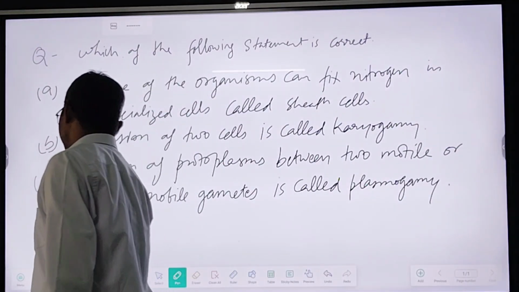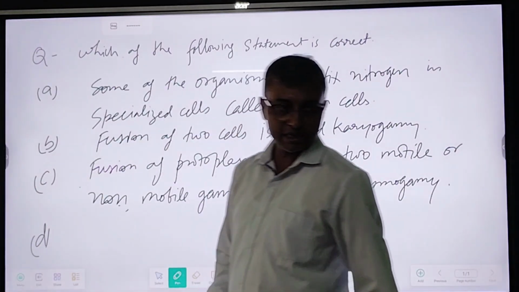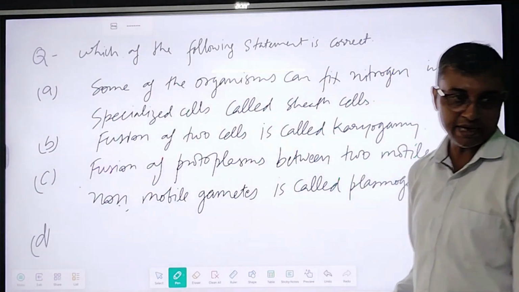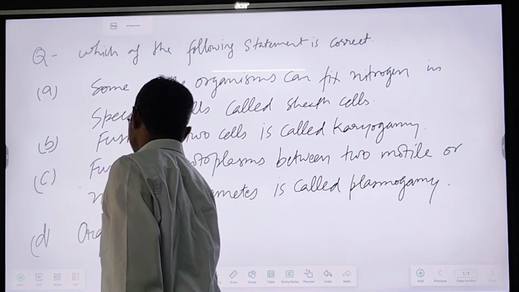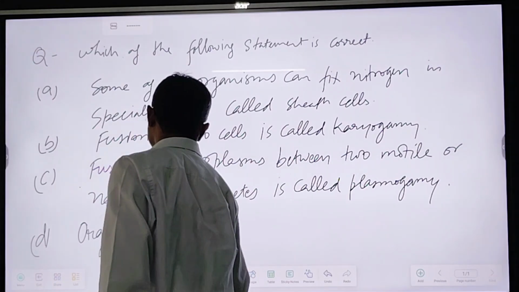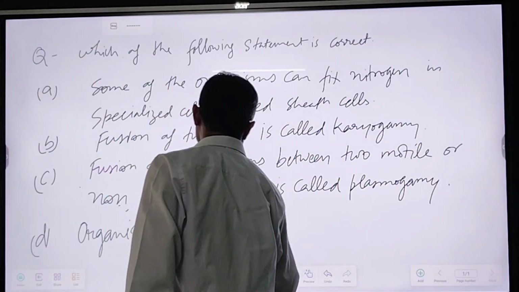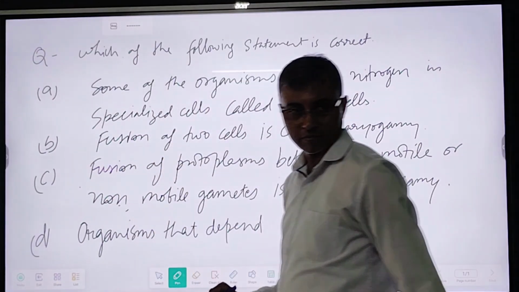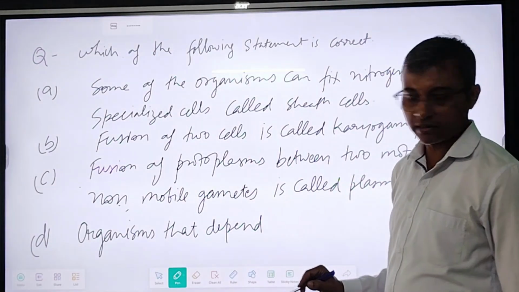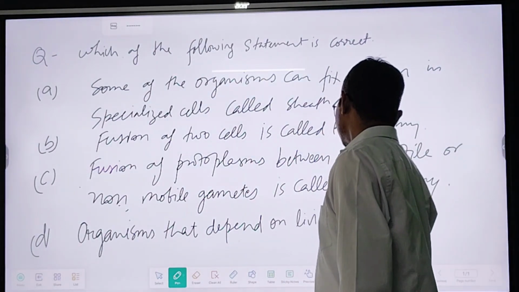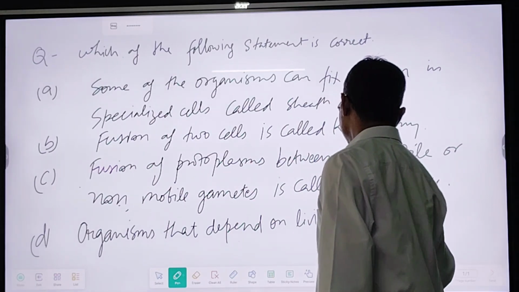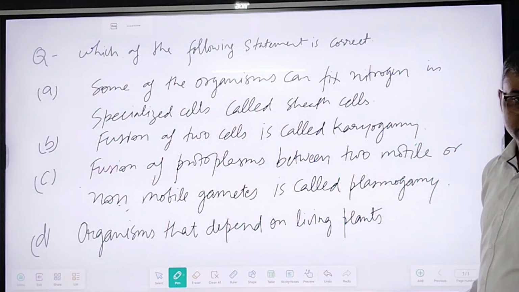And the D statement is, organisms that depend on living plants are called saprophytes.